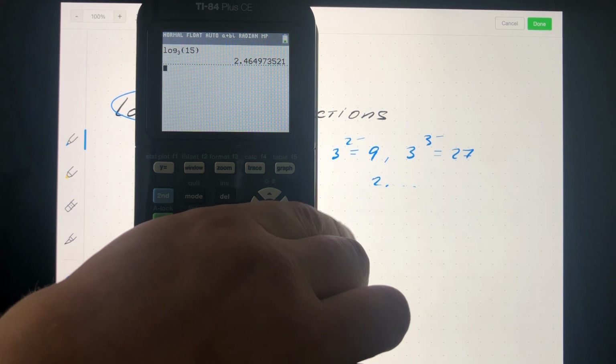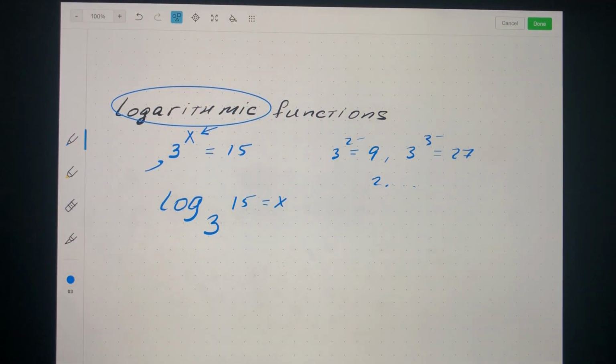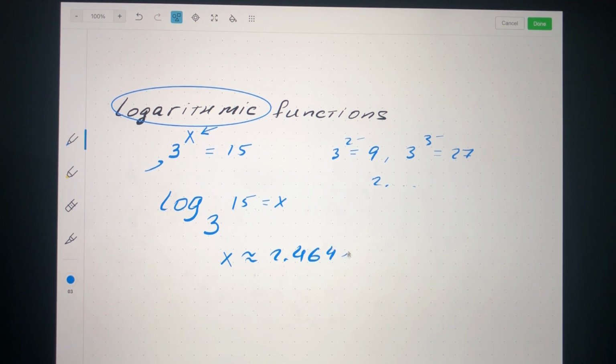It's 2.46 something. So that answer, x, is about 2.4649. And when we deal with exponents, it's a good idea to keep more decimal places. Usually 3 decimal places is good. For exponents, perhaps 4 or 5 decimals may even be better.